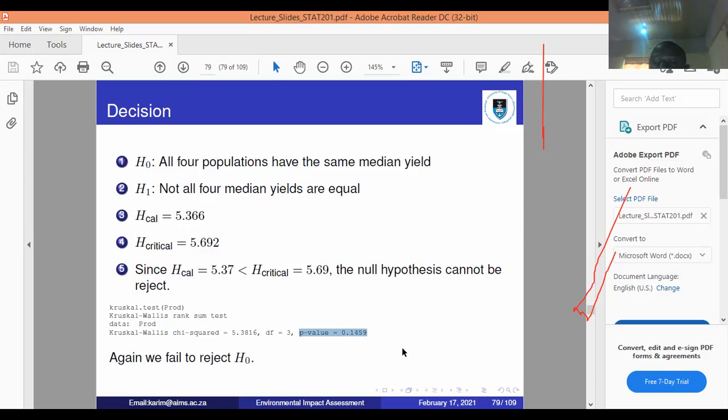Because the p-value is less than. Come again. We are listening. Talk. Because the p-value is greater than 0.05. The p-value, is it greater than 0.05 or not?